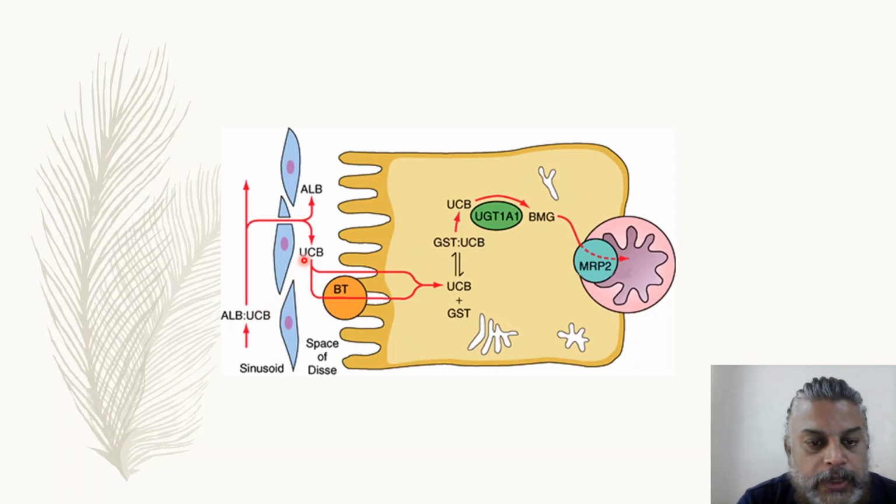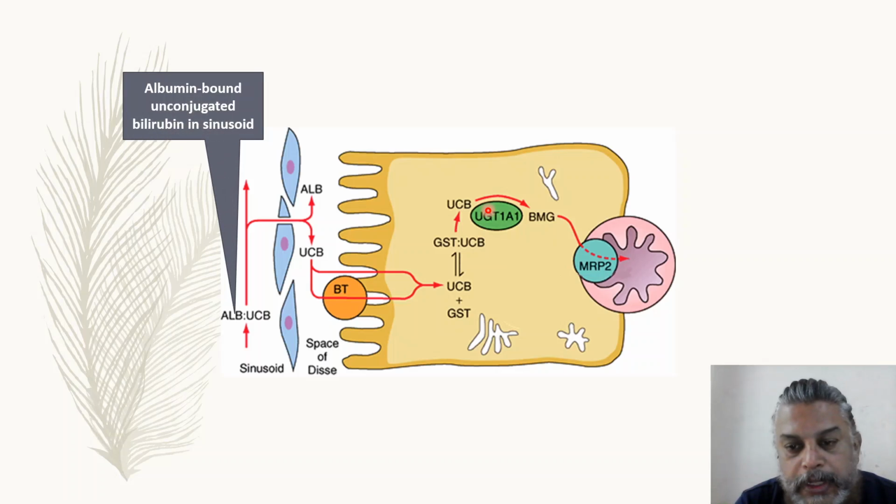This unconjugated bilirubin enters the hepatocytes by active and passive diffusion. In the hepatocyte, it is conjugated with enzymes, and after conjugation this bilirubin is actively secreted into the hepatic canalicular system.